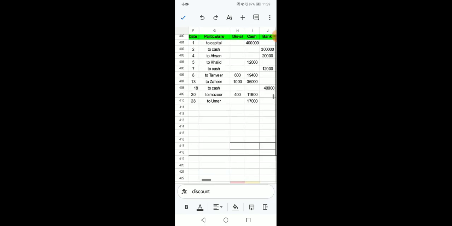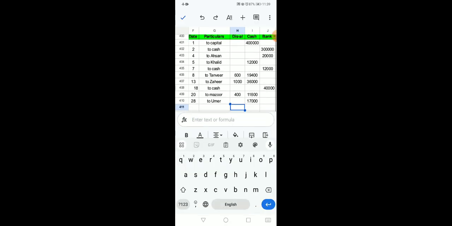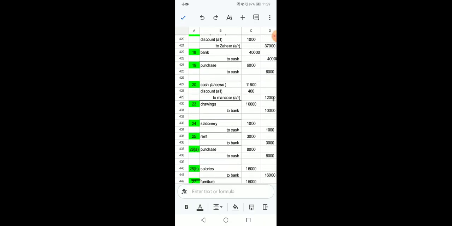There were two elements. Cash has been posted. Discount is still to be posted. Discount is debited 500. Go to the debit side of the discount and put 500 over here. Okay. Same reference.